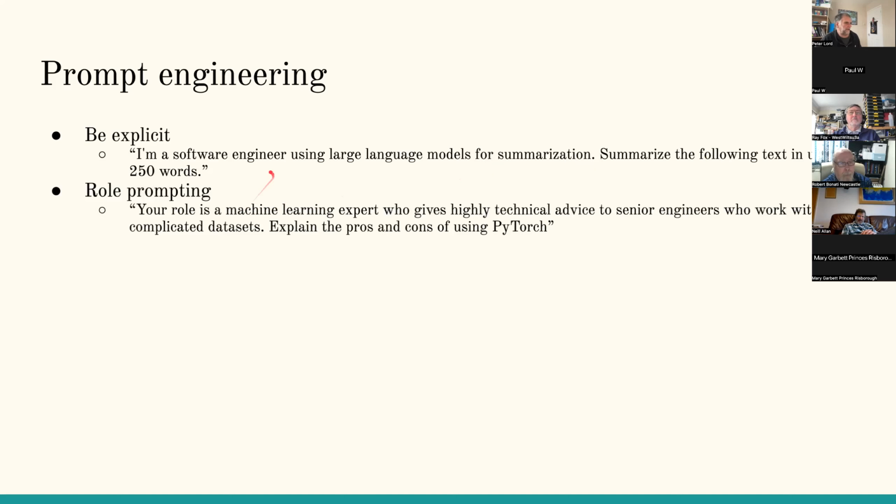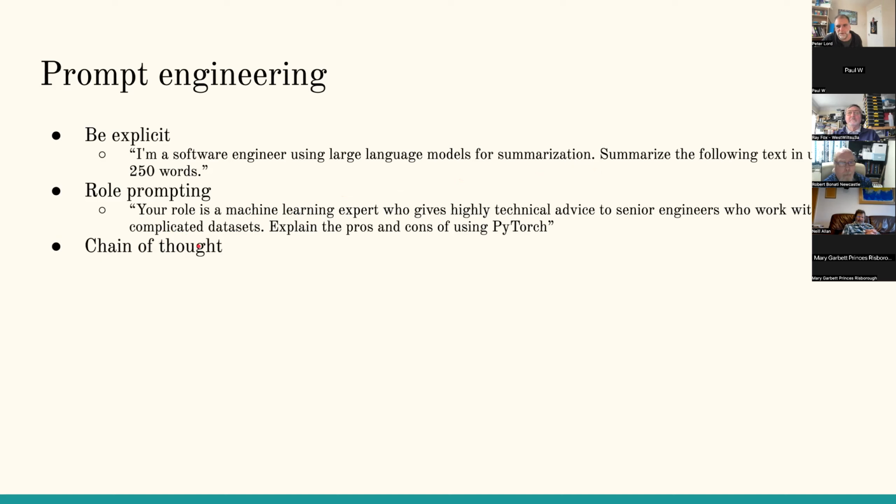I gave a little bit of a hint there. You can tell the generative AI, your role is a machine learning expert, and then you ask your questions. And you can do silly role prompts. You could say, you're a pirate. Tell me how to sail west from Plymouth or something. So you can get a bit carried away with this role prompting.